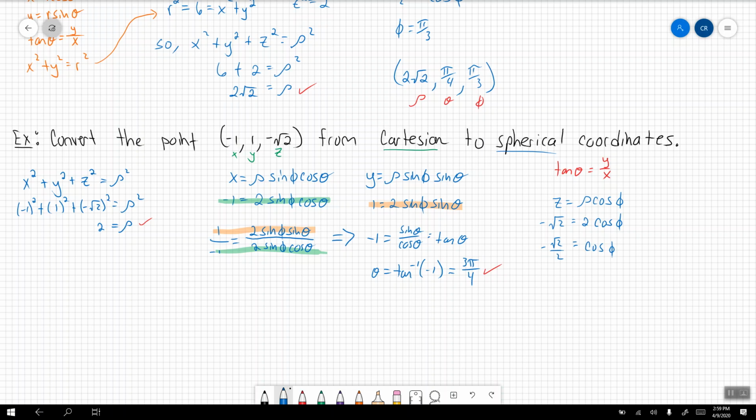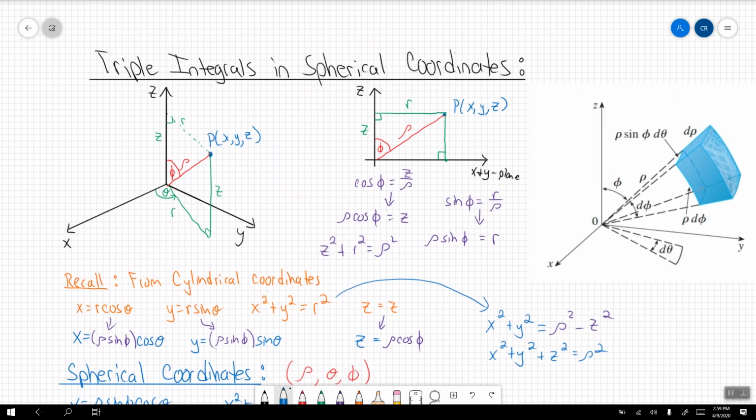-√2/2? Now remember, phi can only traverse from the positive z-axis down to the negative z-axis. So if cosine of phi is producing a negative value, that means it's not in octant 1 up here.